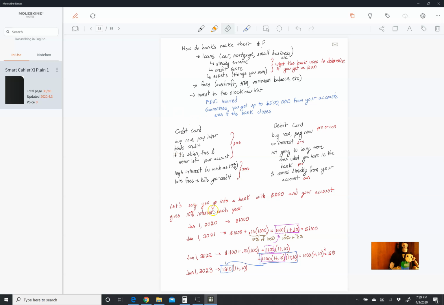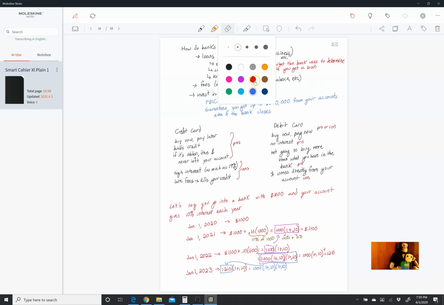So we're going to replace that 1210 with 1000 times 1 plus 0.10 times 1 plus 0.10 and then times the 1 plus 0.10 that we had before. So this part is 1210.